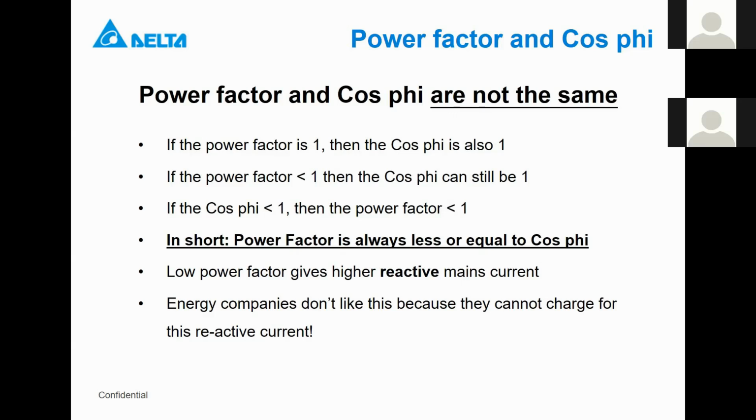If the cosinus phi is smaller than 1, the power factor also has to be smaller than 1. In short, power factor is always smaller than or equal to cosinus phi. You see, it's a little bit confusing. I'll try to explain it in the next few slides.